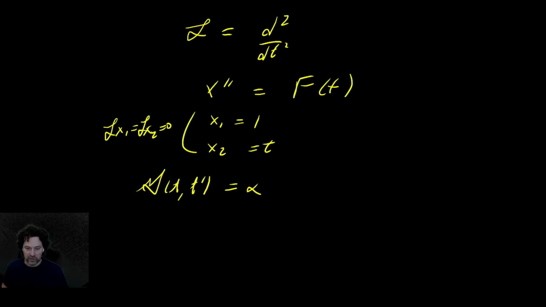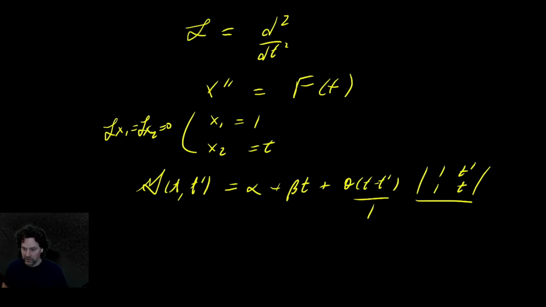Our first x1 is 1, plus beta x2, which is t, plus theta of t minus t prime times the determinant with rows 1, 1 and t prime, t, divided by the determinant with rows 1, 1 and 0, 1.